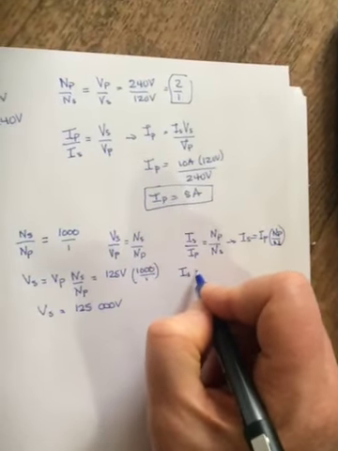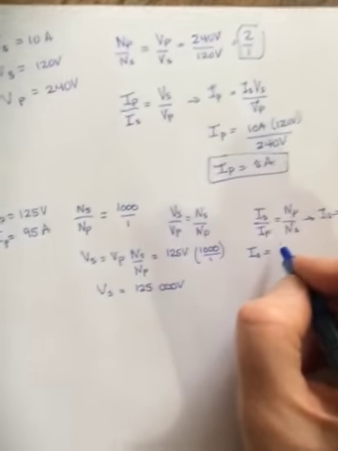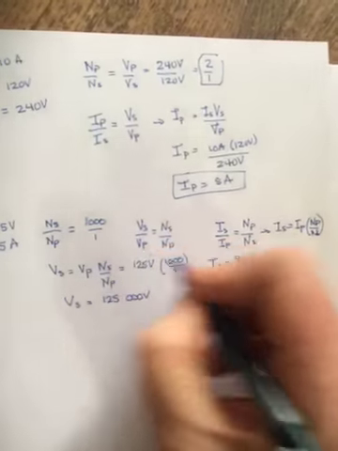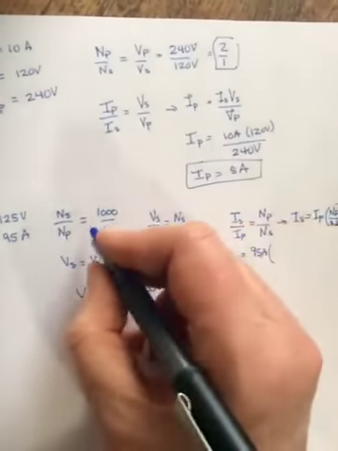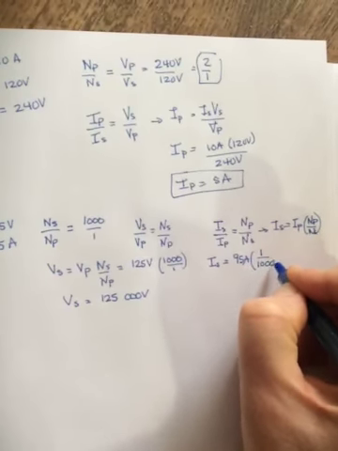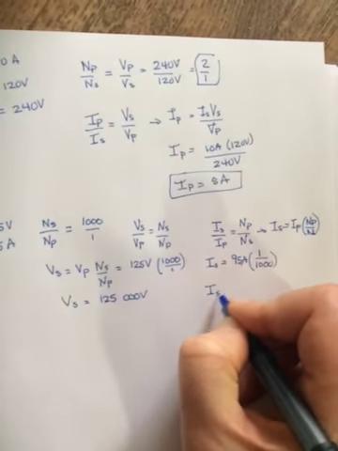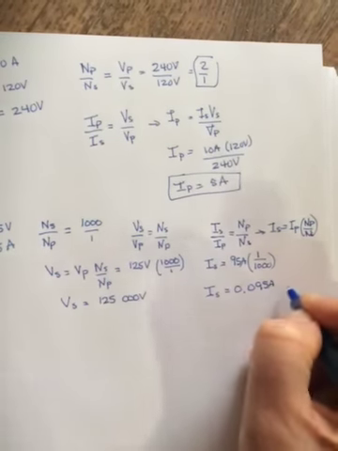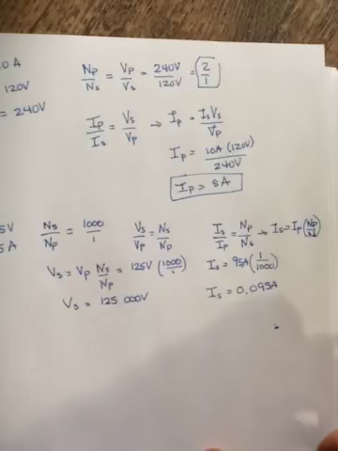So Is equals Ip, they told us was 95 amps. And now we have to flip the ratio because P's on top, not S for the Ns. So 1 over 1,000. So Is is going to be equal to 0.095 amps, or if you want, 95 milliamps.